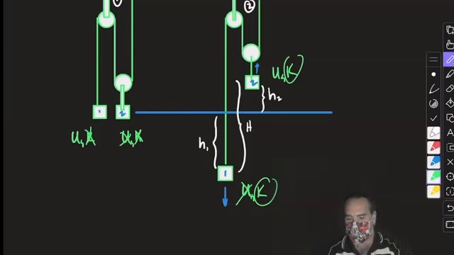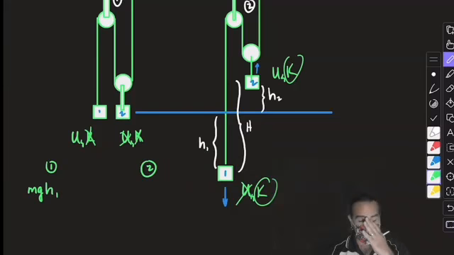So I think I can compare state 1 and state 2's energy. Actually, I'm not going to write it over there. I'm going to write it over here. State 1 and state 2's energy. State 1, I have mgh1. That's the amount of energy that box 1 has relative to its position in state 2. That's it. That's the only energy that exists at state 1.